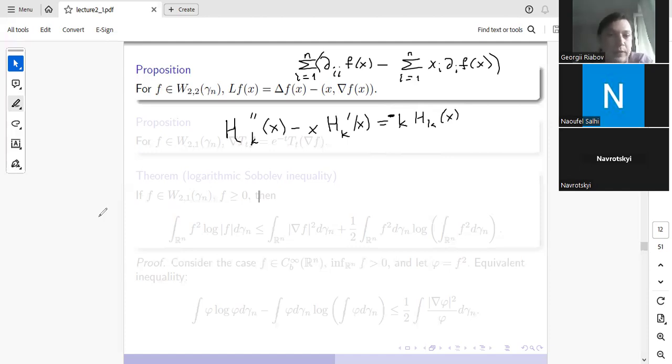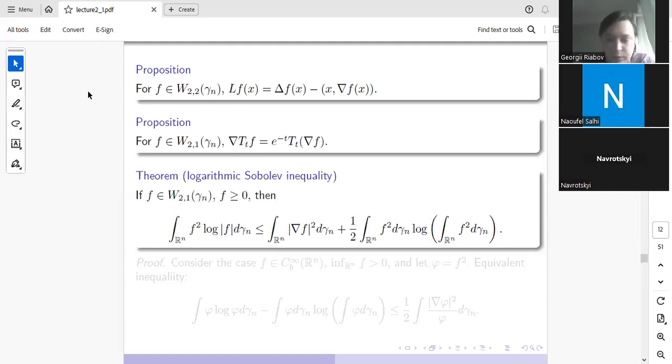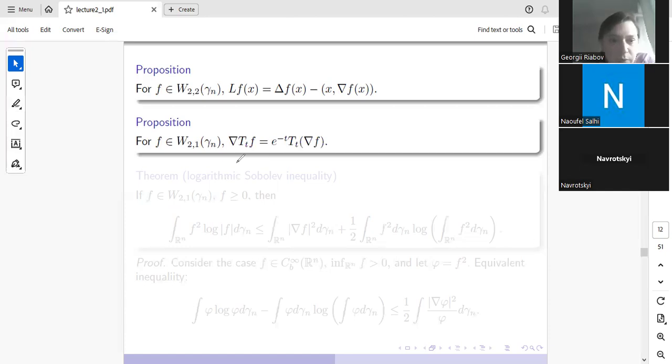Okay, and again, we can get the following formula: the gradient of the Ornstein-Uhlenbeck semigroup of f is multiplication by e to the minus t of the semigroup of the gradient of f. So again, it is checked for Hermite polynomials.